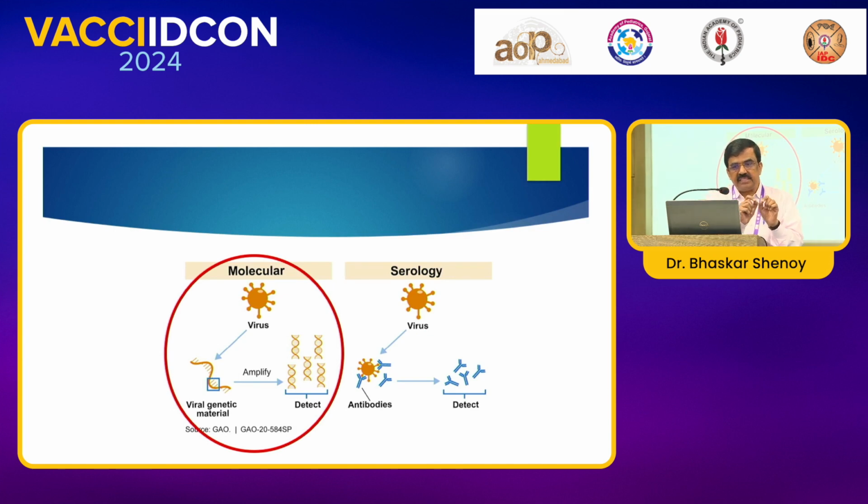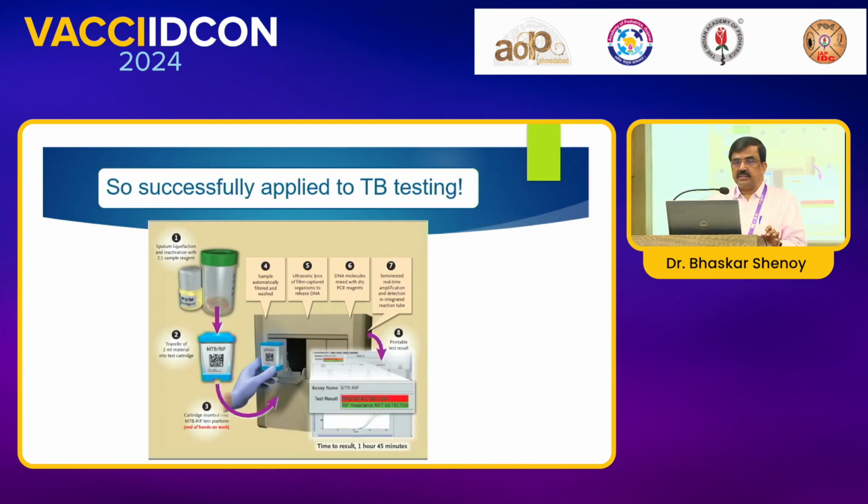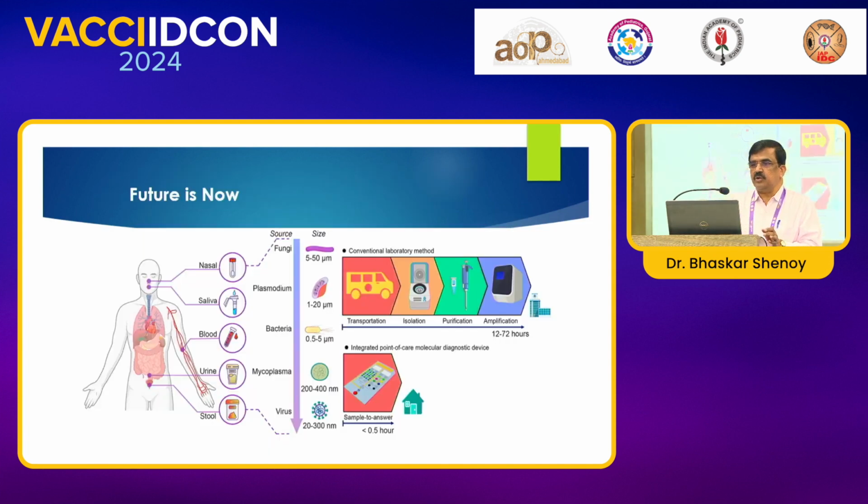You take a piece of that, amplify it, then you try to study that particular part. So identification of the nucleic acid is unique. It is like what you call a Jatakam for a person. So it is unique for that organism. And you have seen it being so successfully implemented in the diagnosis of tuberculosis.